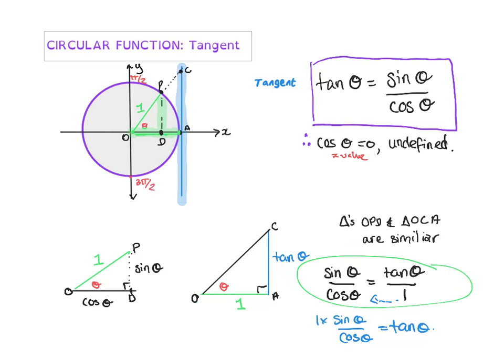So we could say that tan is undefined at pi on 2 and also 3 pi on 2. And then if you kept going around the circle, you could say 5 pi on 2, etc. So you just keep going around at those points, the top and the bottom. That's when tan will be undefined.